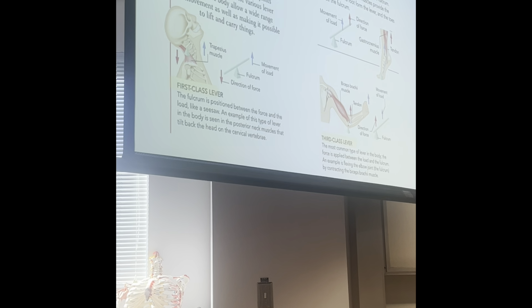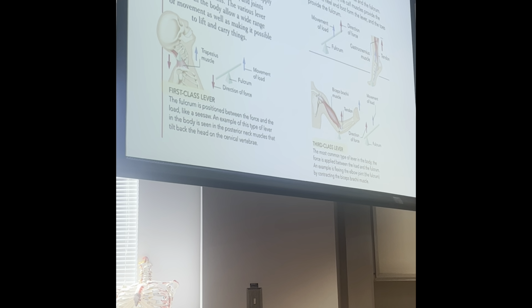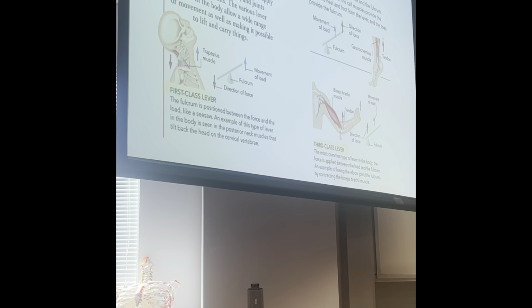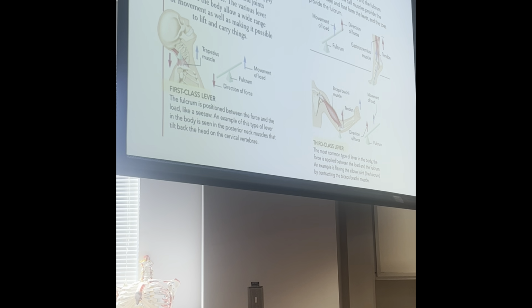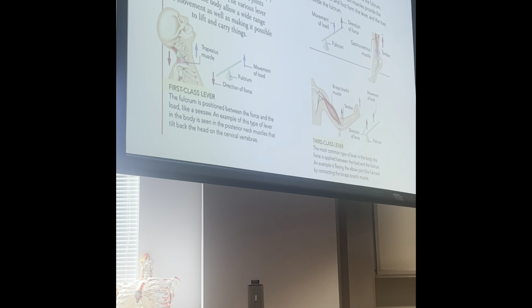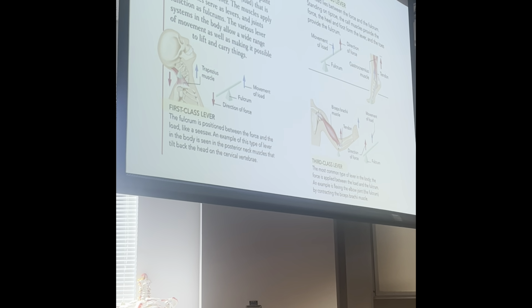Really, it's the occipital condyles and atlas. That articulation is a pivot joint. It acts like a seesaw, so that is an example of a first class lever. What determines that is the position of the fulcrum.